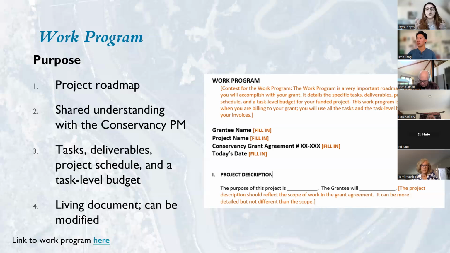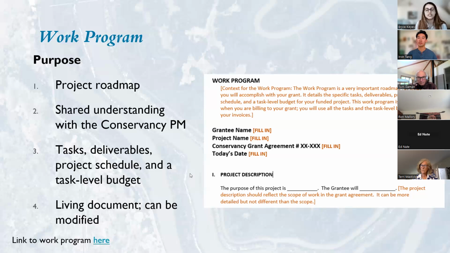For a construction project, this is you actually getting the shovels in the ground and doing the project. And then lastly is monitoring or evaluation, where you're collecting data and writing the final reports, and that's kind of the completion of your project towards the end.